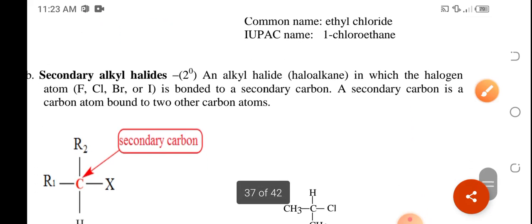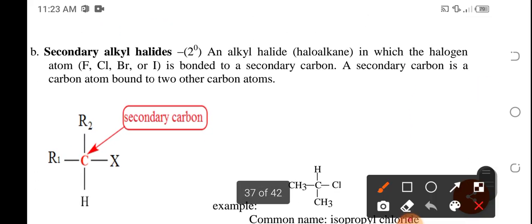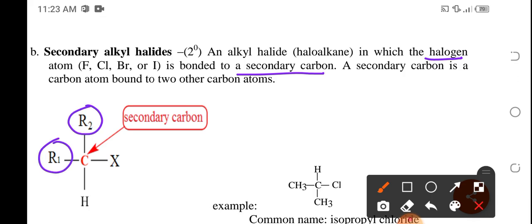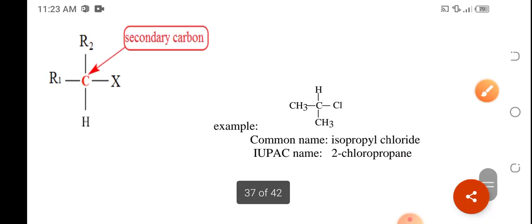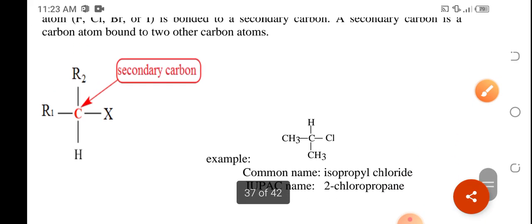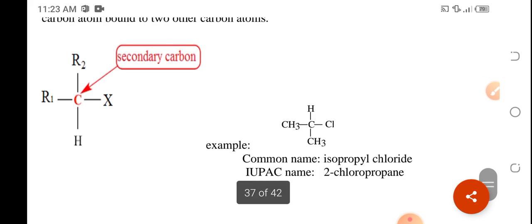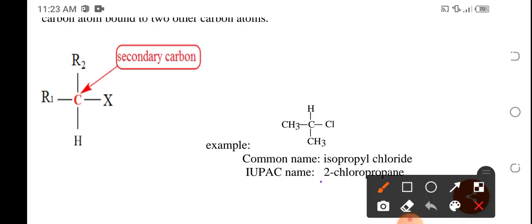Okay? For that to be secondary, the halogen is bonded to a secondary carbon atom. For it to become secondary, that carbon atom should be bonded to two other carbon atoms. So, secondary, for example, is 2-chloropropane.